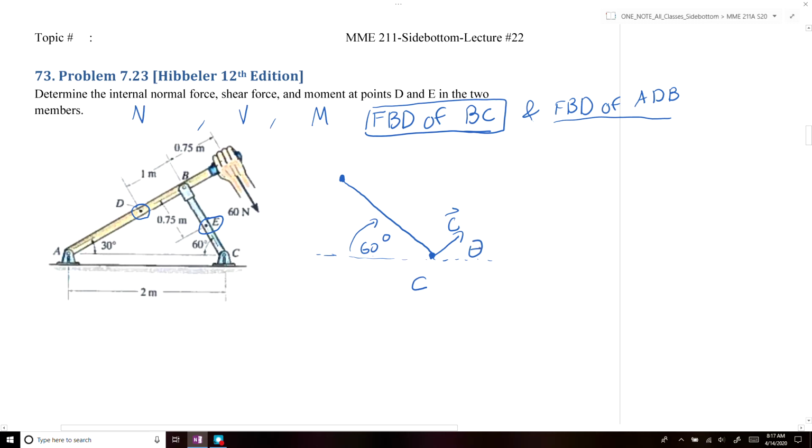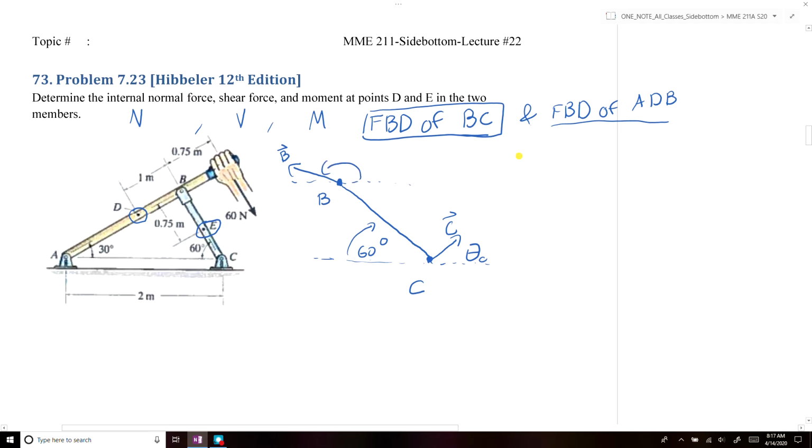Alright, there's no applied forces along the length of the section, and we do know that at the other side of the member at point B, we also have a pin joint, so we'll say that at point B we'll have another force, and we can say that force acts relative to the x-axis by an angle theta b.